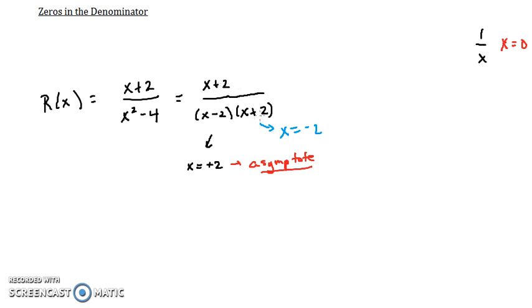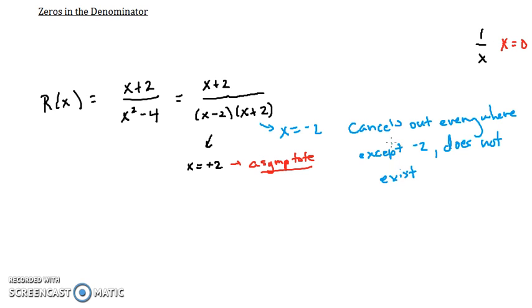But what happens everywhere except for -2? These are going to cancel out. So it cancels out everywhere except -2. Every other number is going to cancel out. Cancel, cancel. Except at -2, it does not exist.